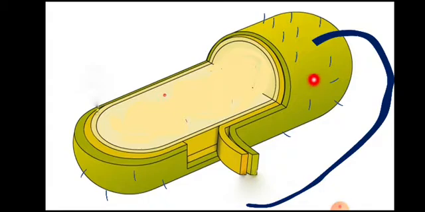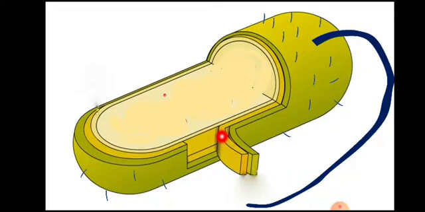So these are pili or fimbriae. Then this, which is shown in orange color, is the cell membrane, which is present internally. So it should be remembered that all bacteria may or may not have these pili.